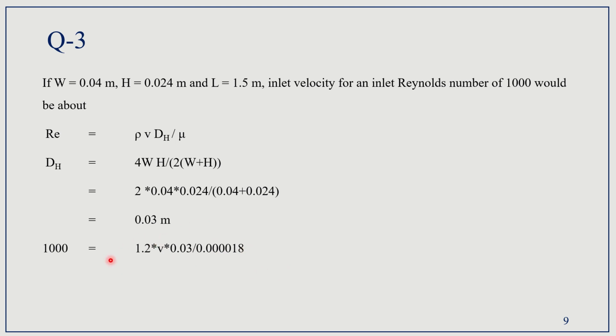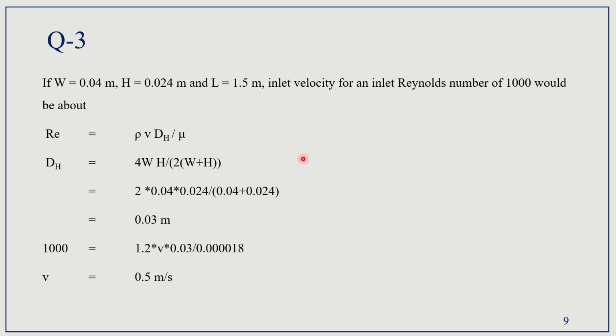On substituting and taking all the known terms to the other side, we have V as 0.5 meter per second. If you want to calculate it on your own, I'll give half a minute. Just see that and we'll go to the next question.